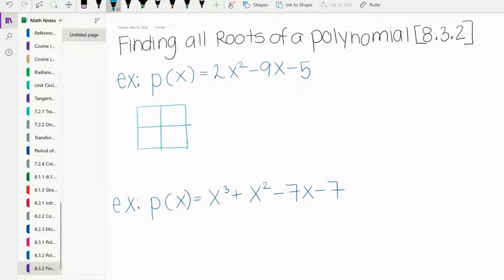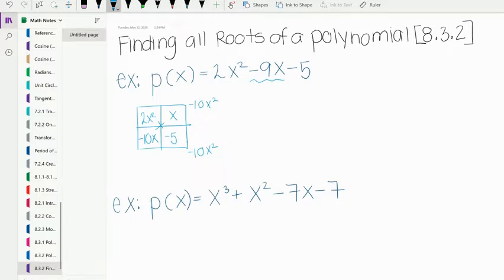So I put the first term in the first box and the last term in the last box. And so I look at the product of the diagonal, and it's negative 10x squared, which means that the other diagonal also has to have a product of negative 10x squared, but it has to add to negative 9x. So that would mean that it would be negative 10x and positive x.